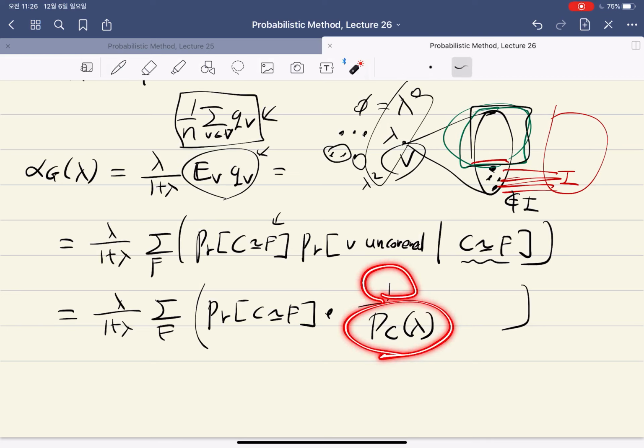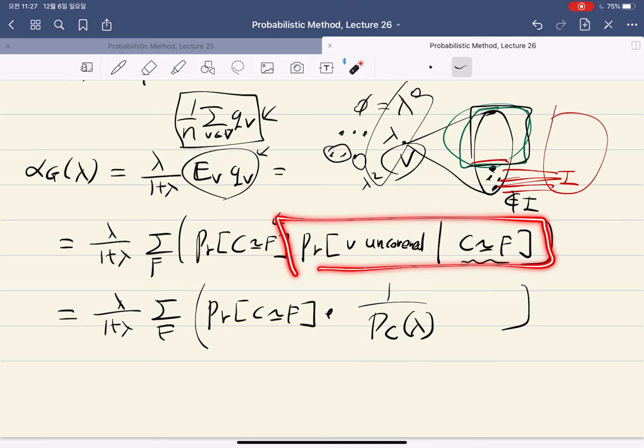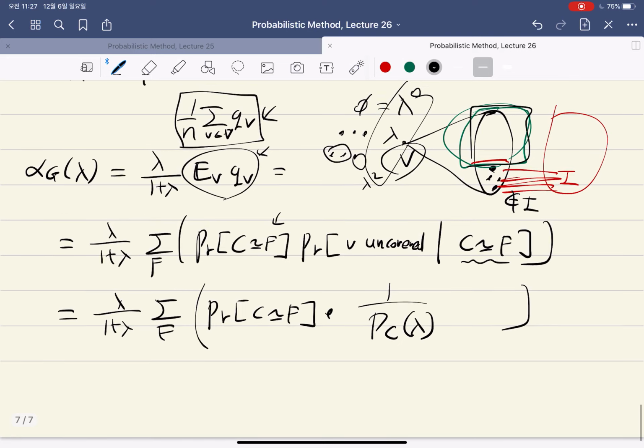And then out of that, you choose the probability that you choose the empty set. So no vertices here being chosen is the same as choosing the empty independent set. So this is exactly this conditional probability.